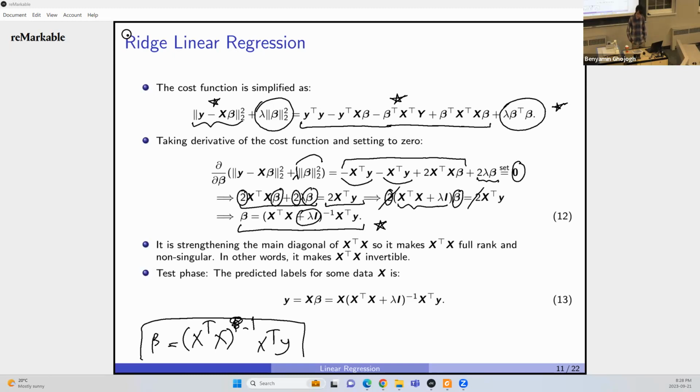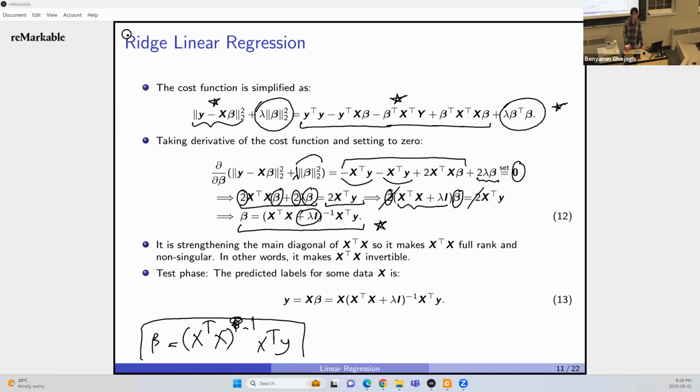So of course we should somehow make X transpose X invertible, right? Not singular. How can we do that? There is a hack in linear algebra used a lot in machine learning, and that's strengthening the main diagonal. What do I mean by strengthening? Adding a very small positive value to the main diagonal. Lambda I does that, right?